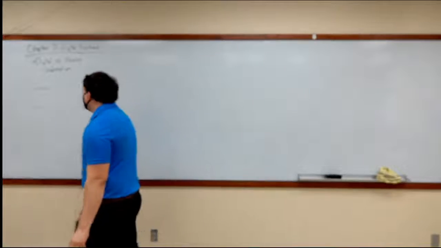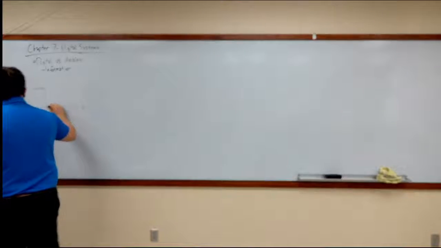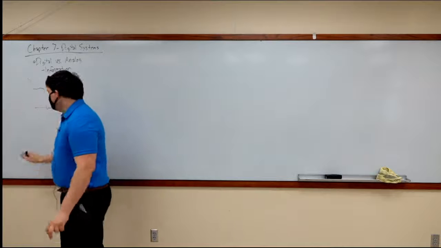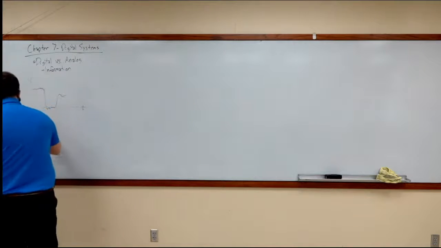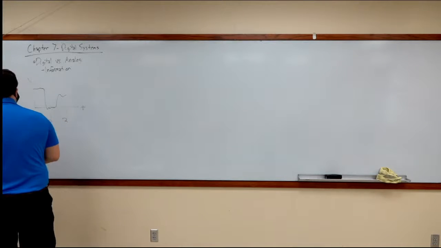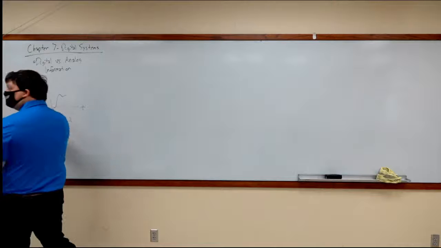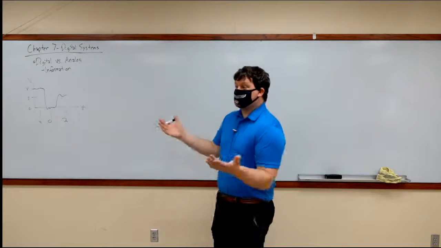Well, then I can have my pretty constant 4 volts, and then I can have it drop down to 0, and then I can have it go up to 2, right? And then it would be 402. That's one way of doing it, right? I could do something like that. That's perfectly valid.